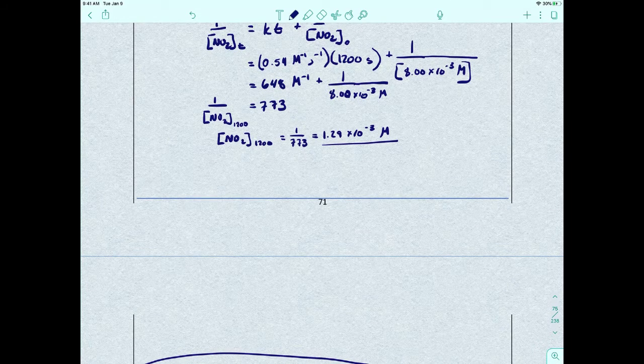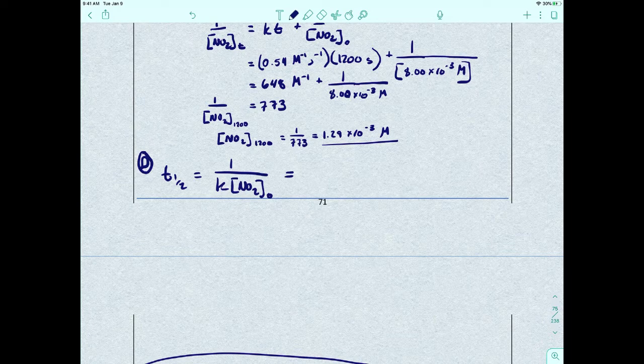Again, the question we're posing for part D is: what is the half-life of the reaction when the initial concentration of NO2 is 6.00 times 10 to the minus third? So the half-life is equal to 1 over k times the initial concentration of NO2.